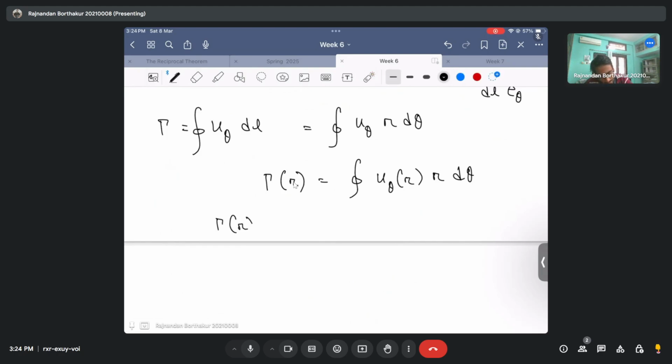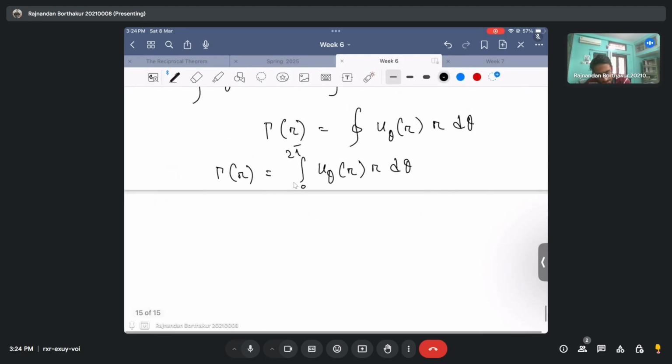So gamma of r is the integral from 0 to 2 pi of u theta, which is a function of r, times r d theta. But this u theta times r is not a function of theta. This means it will come outside the integral, and gamma, which is a function of r, is going to be 2 pi r u theta, which of course is a function of r.